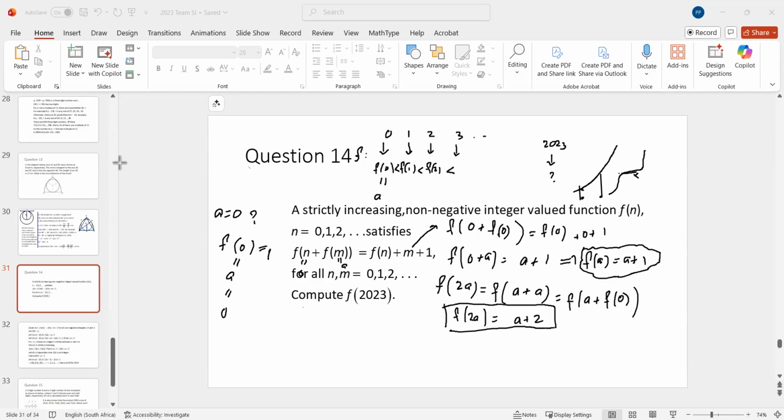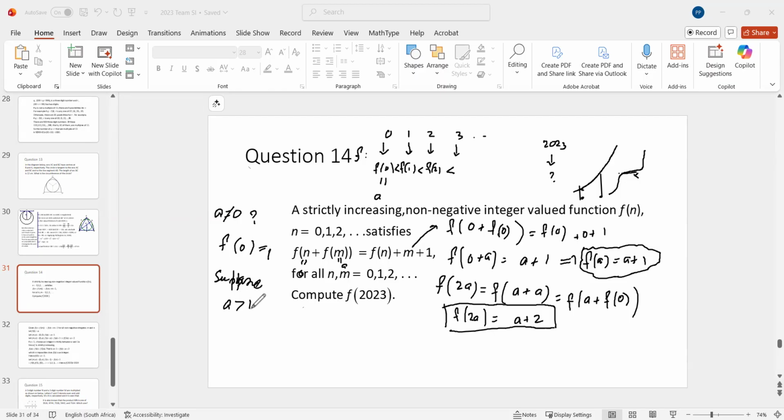But to prove that a is equal to 1, I'm going to assume that a is not 1. So suppose a is not equal to 0, we just proved it, and suppose a is greater than 1.